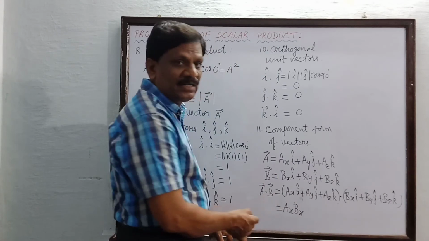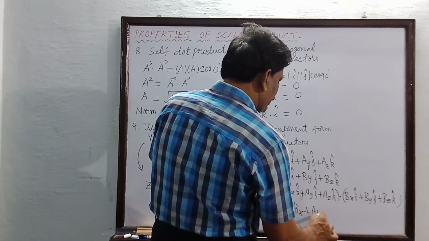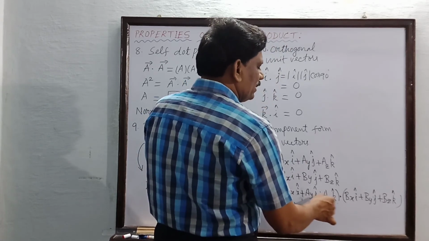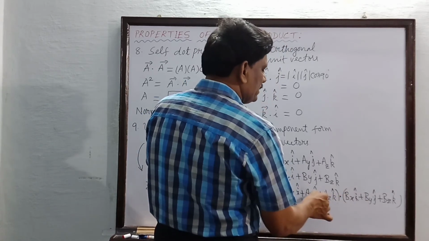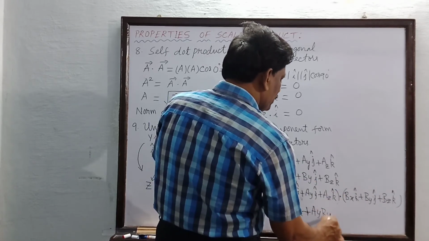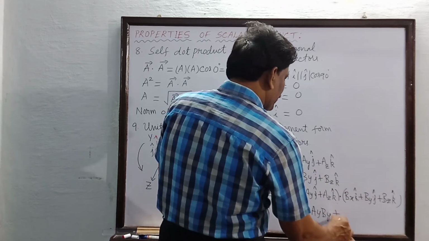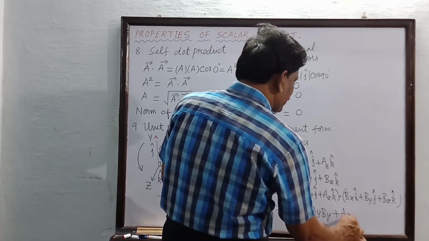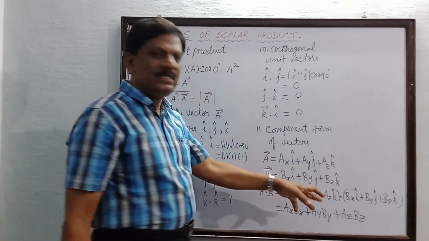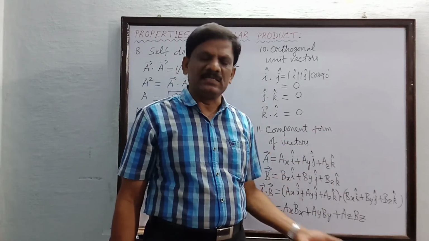So only the first term is remaining, plus Ay j cap dot i cap is 0, j cap dot j cap, so that is Ay By. Then j cap dot k will become 0. Similarly, the third term is Az into Bz. So only 3 terms are remaining, the other 6 terms get cancelled.